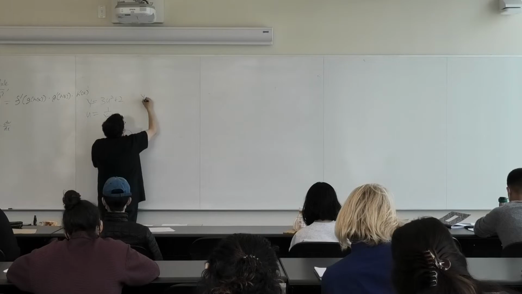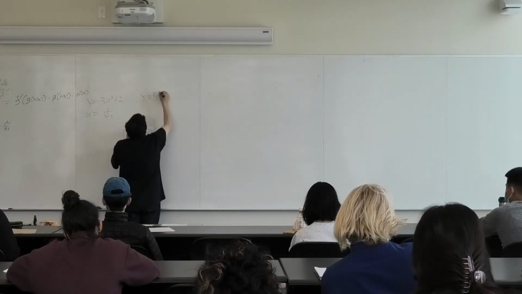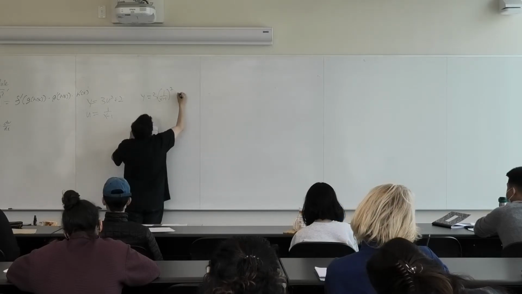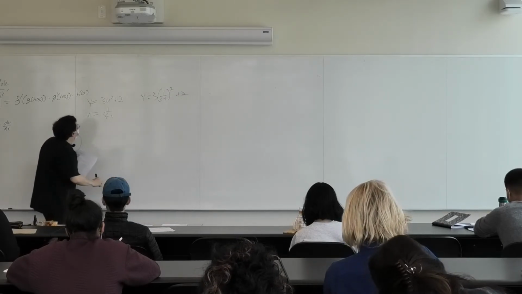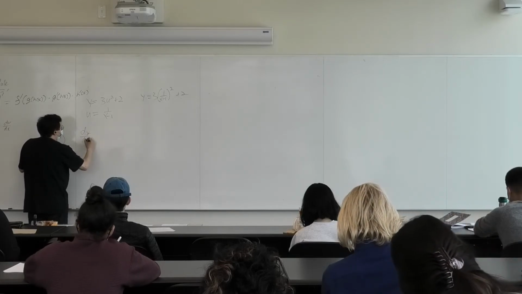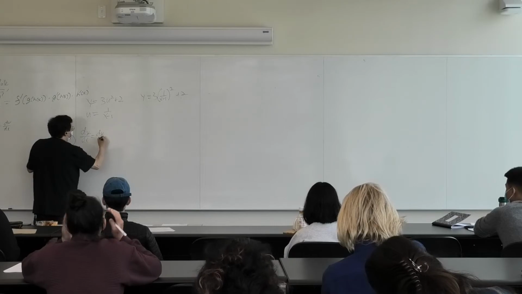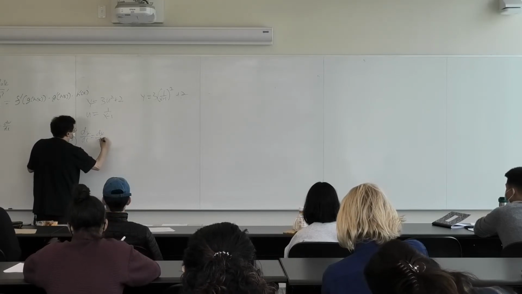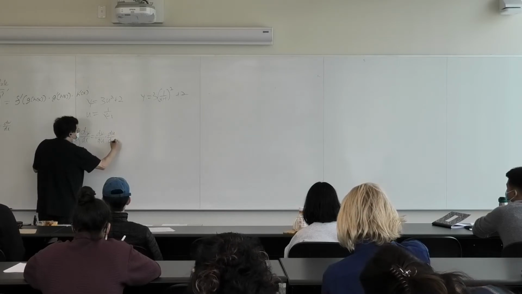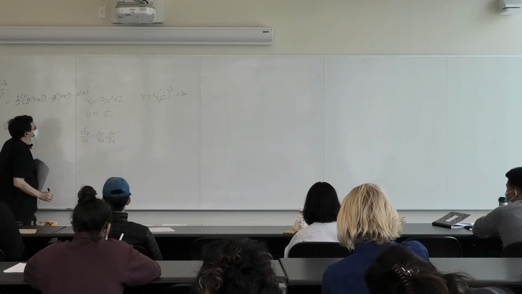So you can think of this as y equals 3 times (1 over x minus 1) squared plus 2. And here we have dy/dx is going to be equal to dy/du times du/dx. This is just our formula.